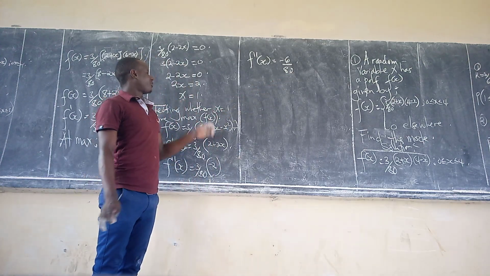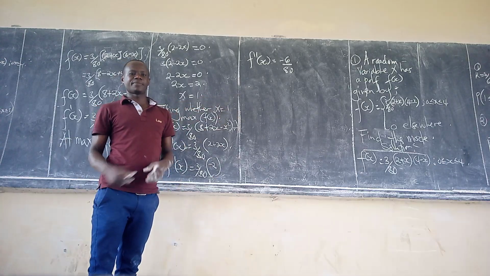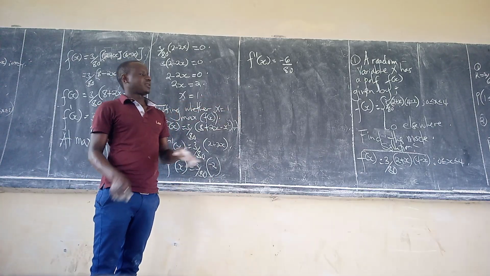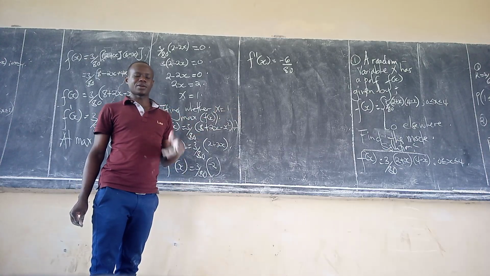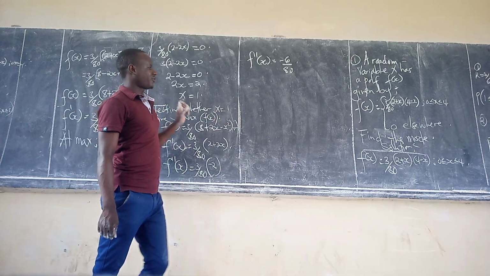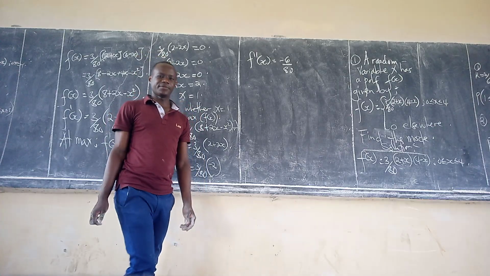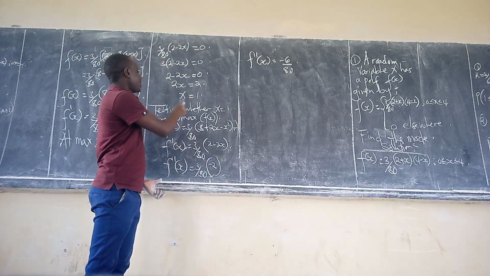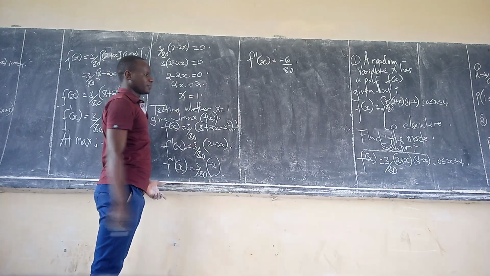But before putting this x value in the second derivative, you first ask yourself: does it fall in the range of the values of x in which the PDF is defined? So my x value after equating the first derivative to 0 was 1.